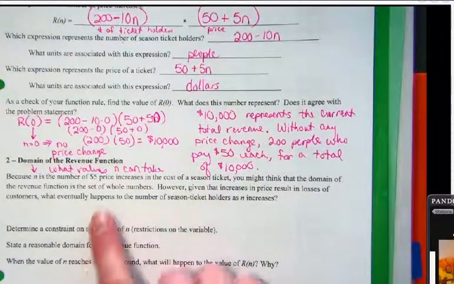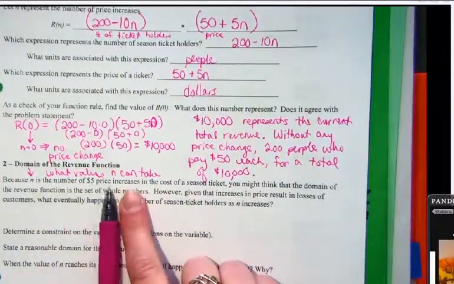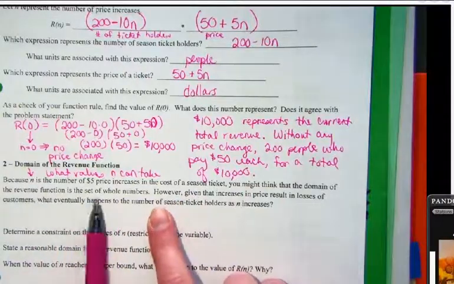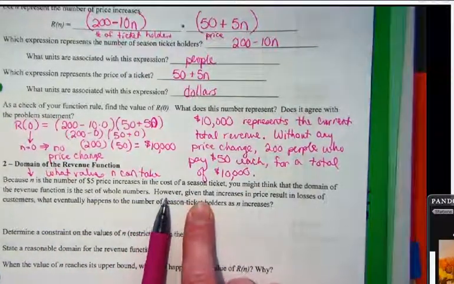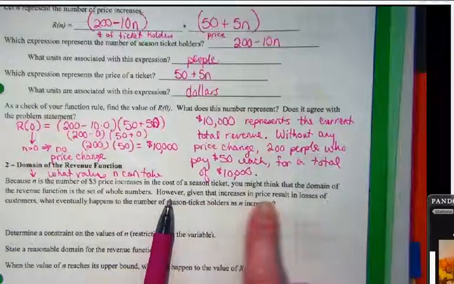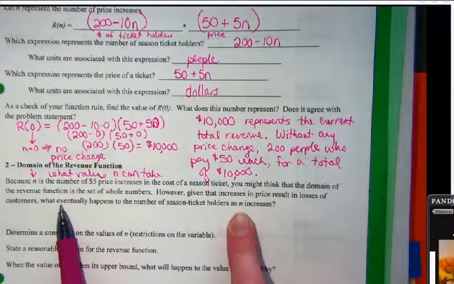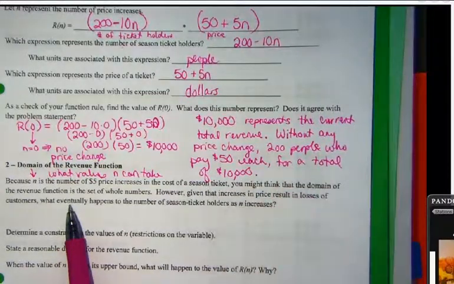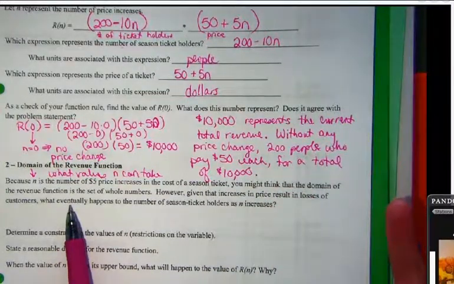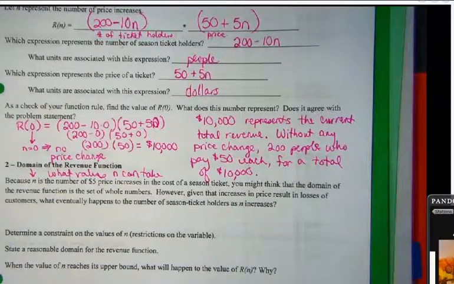All right. So since the n is the number of price increases, it might just be the set of whole numbers, but there is something we have to think about. Because each time we raise prices, we lose customers. What's eventually going to happen if we raise the price too many times? We'll lose all our customers.